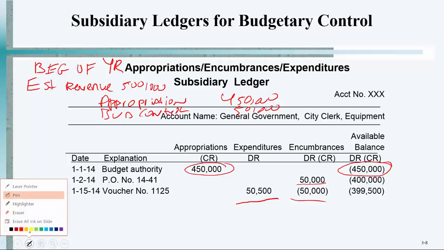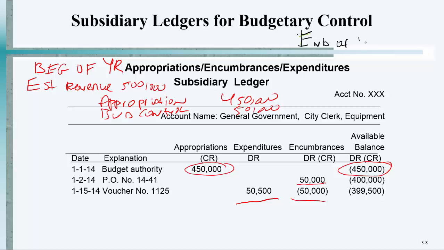You know where that came from? That earlier slide. Then what happens? At the end of the year, we simply reverse that entry. We debit the appropriation for 450,000. We credit what?